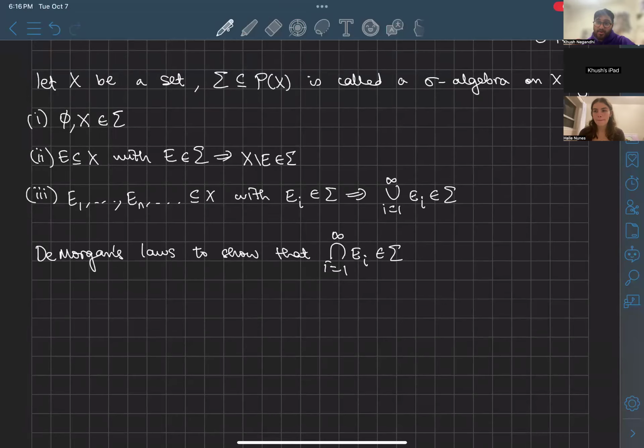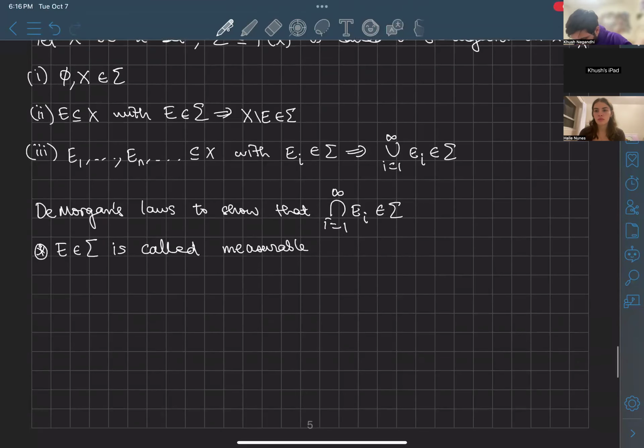Okay, so sigma is called a sigma algebra, and then everything in sigma is called a measurable set. E in sigma is called measurable. Okay. And we call X along with sigma a measure space.